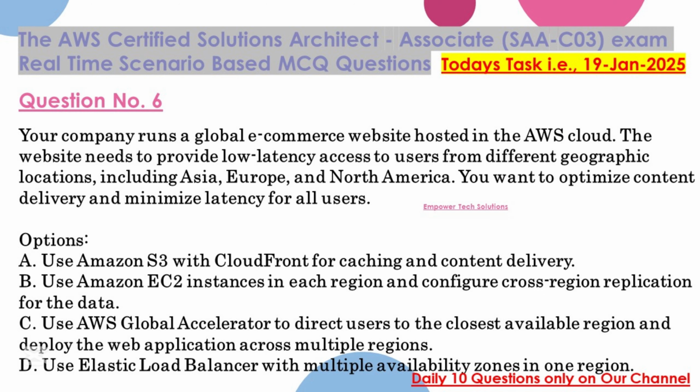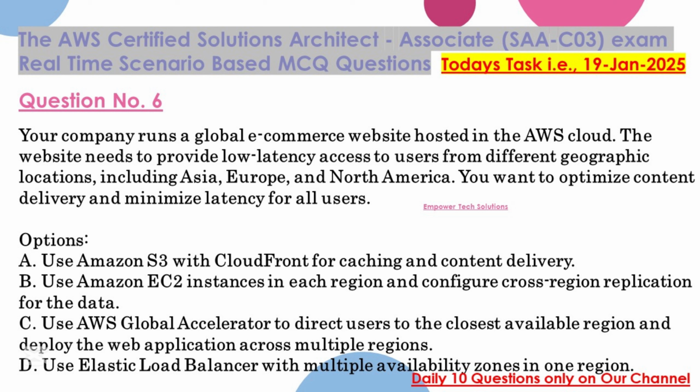Your company runs a global e-commerce website hosted in the AWS cloud. The website needs to provide low-latency access to users from different geographic locations, including Asia, Europe, and North America. You want to optimize content delivery and minimize latency for all users. Options: A. Use Amazon S3 with CloudFront for caching and content delivery.